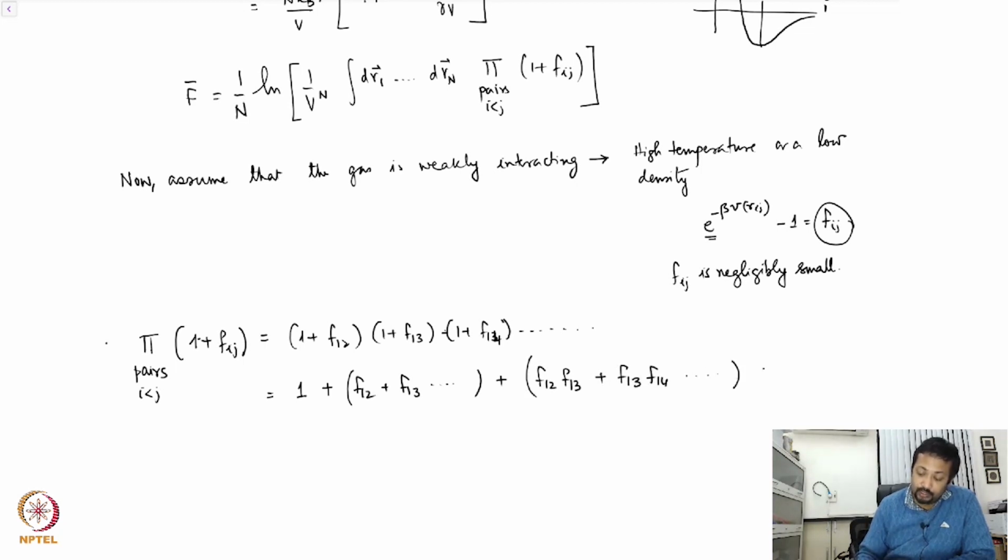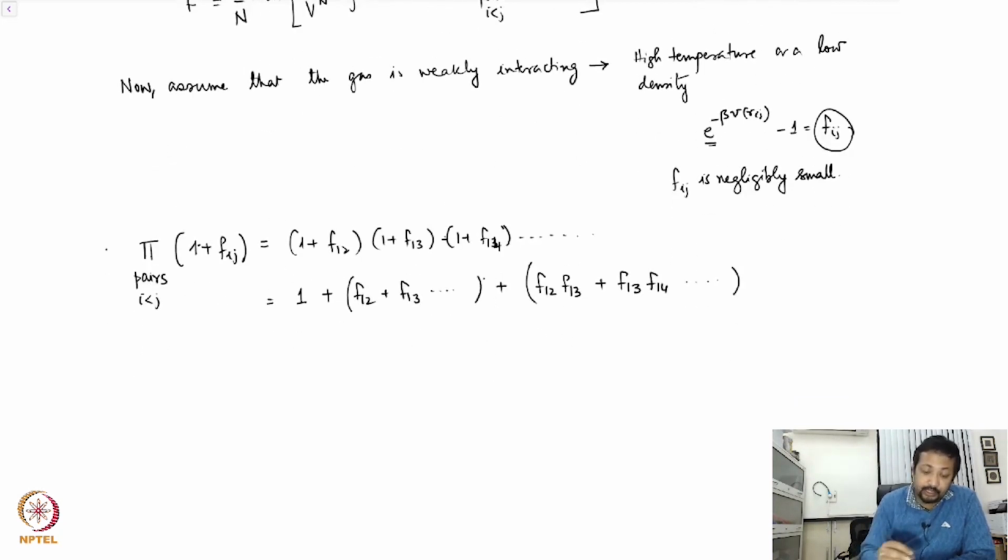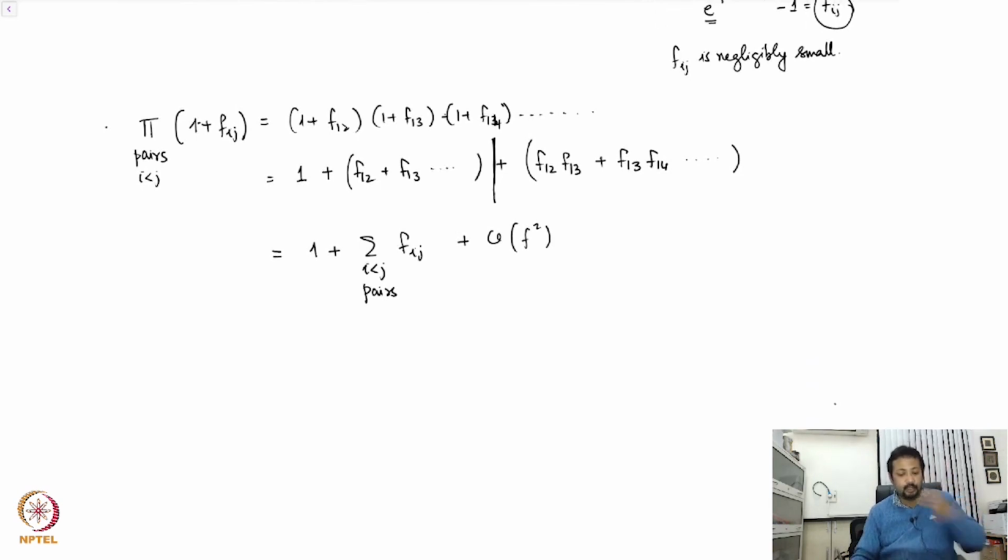We will truncate our series here because f is so small. We have 1 plus the sum over i less than j, all pairs, of fij, plus order of f squared, which we ignore.